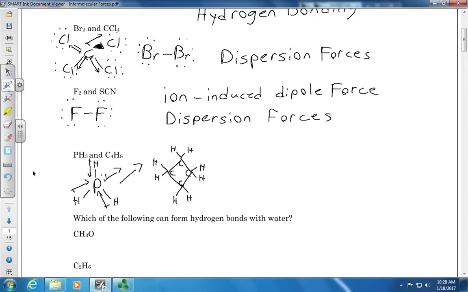So we have a polar molecule with a nonpolar molecule. So because we have this polar with nonpolar, we're going to have dipole, induced dipole forces. And of course, we're also going to have dispersion forces.